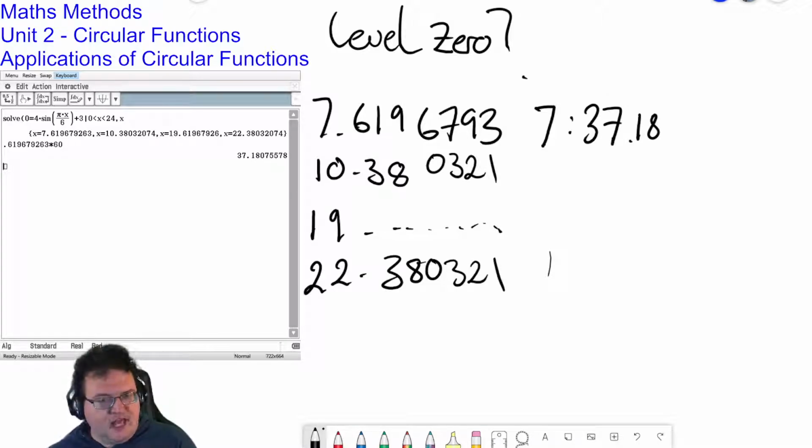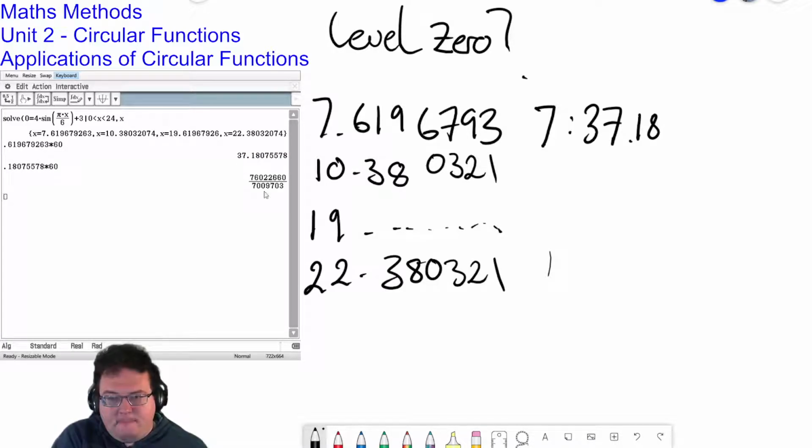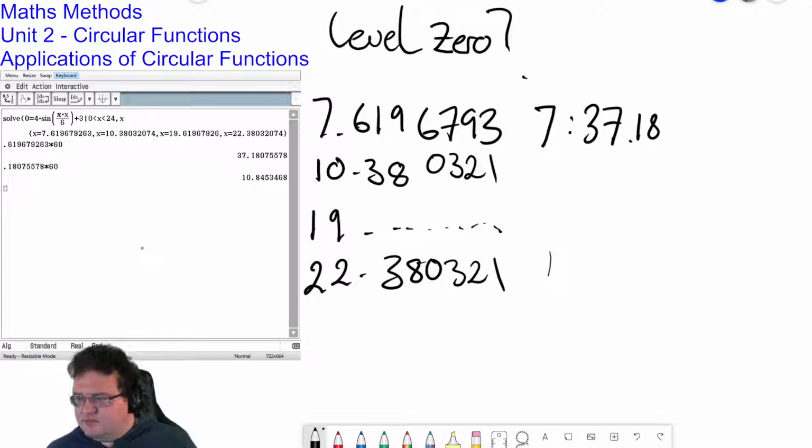But if I cared about the nearest second, what I would do is take those decimal points and multiply them by 60 again. And that I would round up to 11 seconds. So it's at 7:37 and 11 seconds.